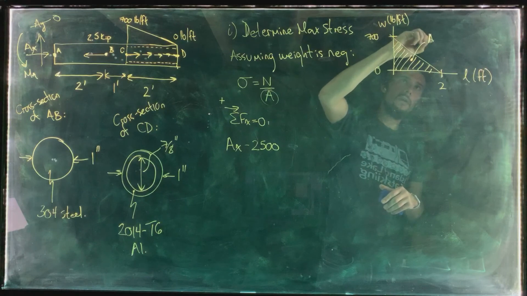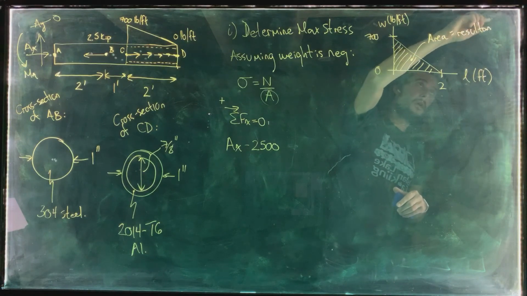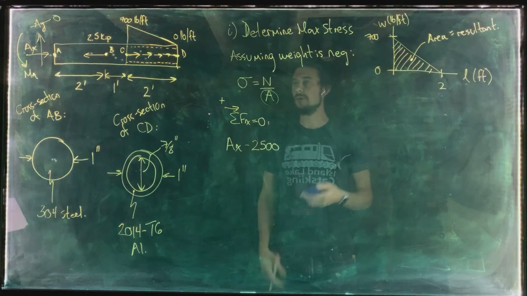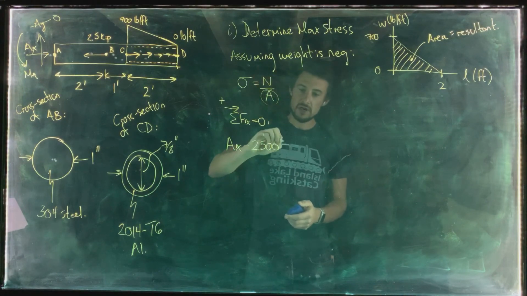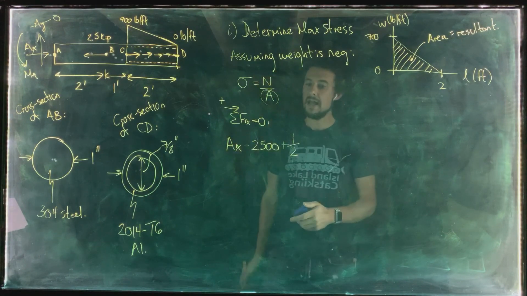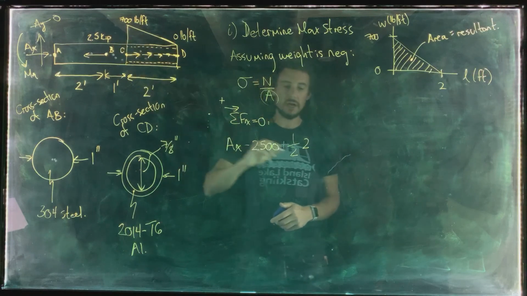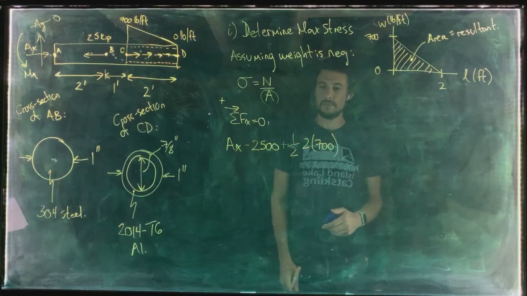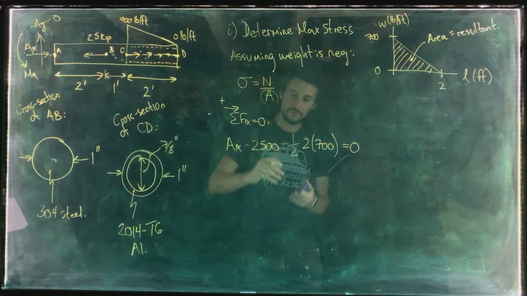So area here equals resultant. And of course, this is really easy when you have triangular distributed loads because you're just calculating the area of a triangle and you don't need to do the integration. So here we have 1/2 of the base length, which is 2, multiplied by the height, which is 700 there. And that has to be equal to 0.